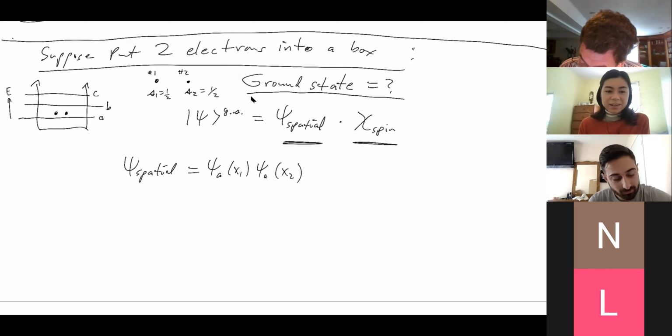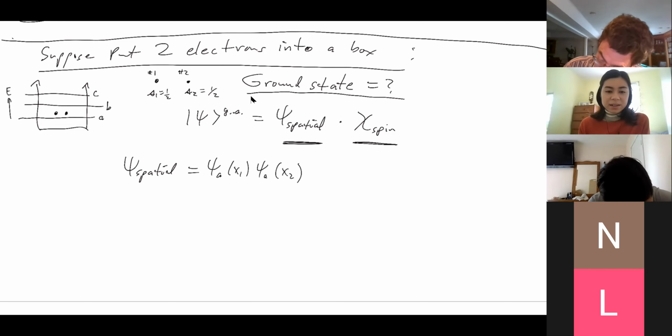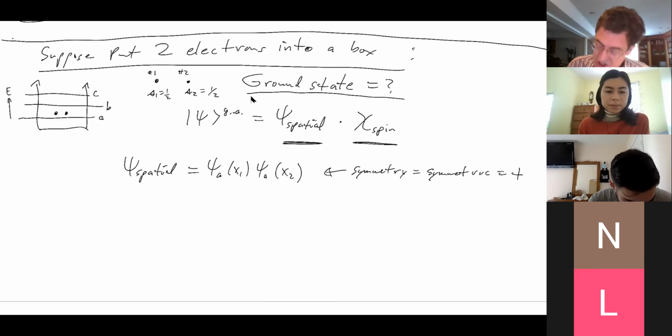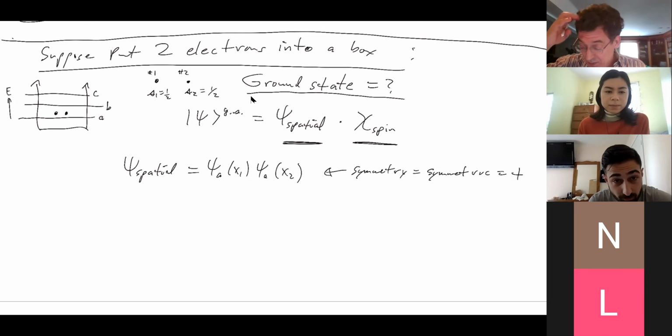And so what's the symmetry of this? Somebody tell me. Symmetric. Exactly, it's symmetric. And normally we would say that's not allowed because the total symmetry has to be anti-symmetric.